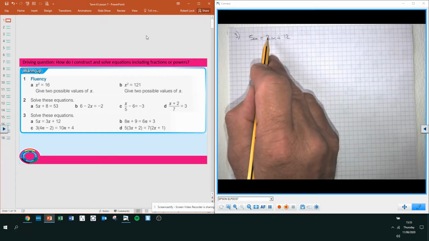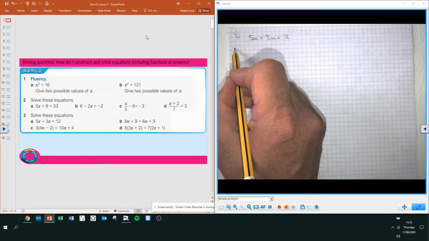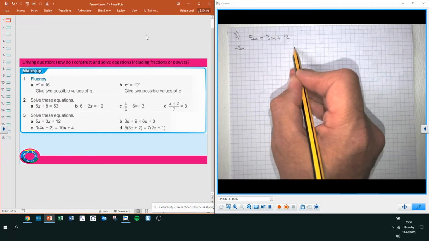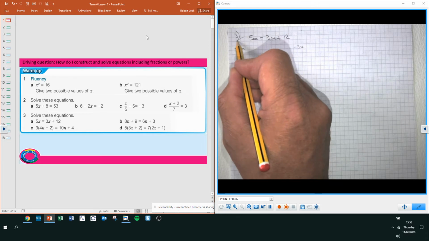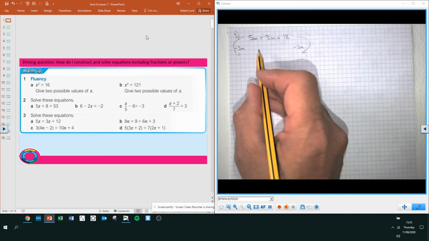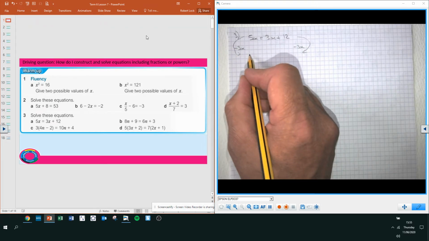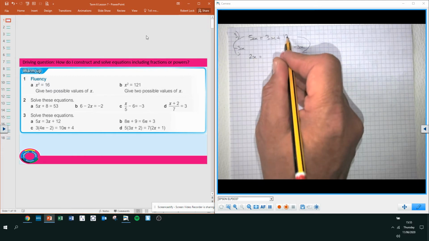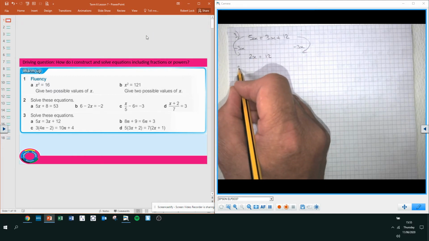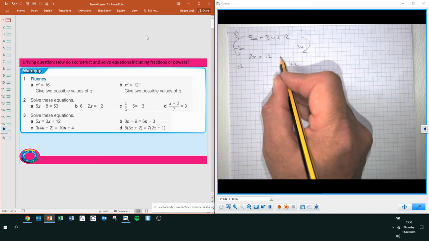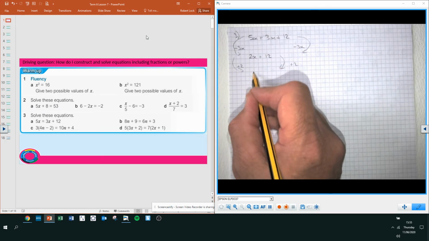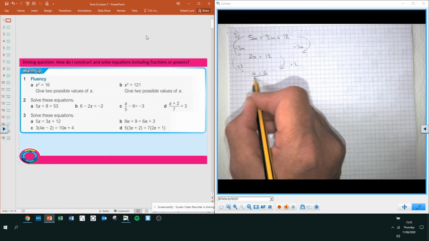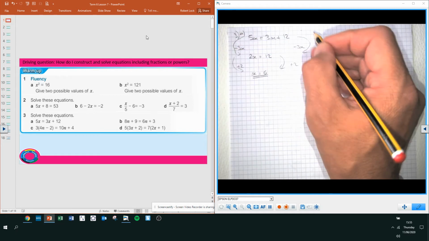We can, because this is smaller than that, so take away 3x both sides. That becomes 5x take away 3x is 2x equals 12. Divide both sides by 2. x equals 6. That's A.